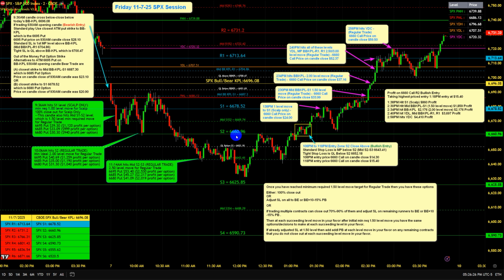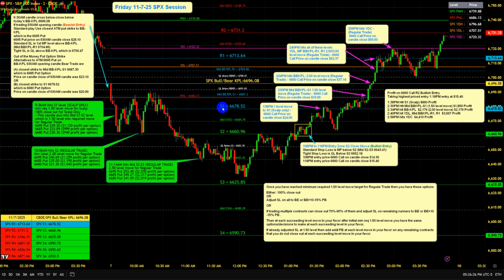The standard stop loss is the midpoint below the level that you're taking the trade on a bullish trade. So that is this midpoint here, mid S2, S3, which the label is sort of blocked by some of these candles here, but you can still see the price, 66.43.41.